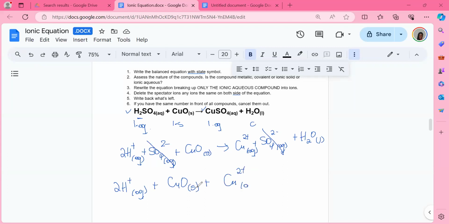Then I write back what is left. Sorry, this is supposed to be an arrow. So I write back what's left. And I get water, liquid. So that's the ionic equation right there.